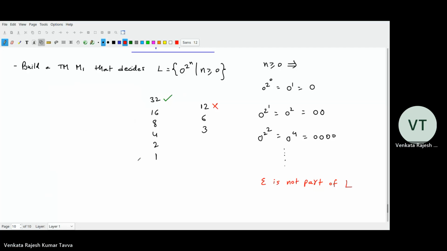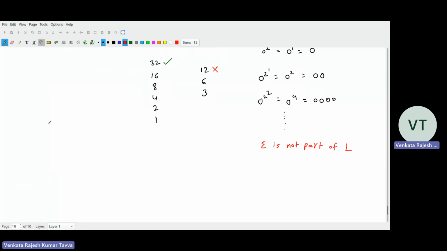So, let's take a sample input. Let's say we have 8 zeros. This is anyway a power of 2, right?